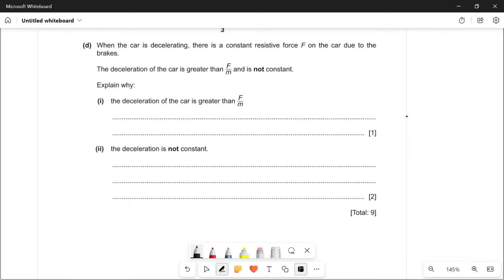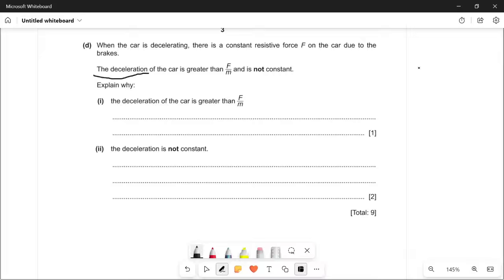On the next question, when the car is decelerating, there is a constant resistive force F on the car due to the brakes. The deceleration of the car is greater than F over m, and it's not constant. So from this statement, we know that the deceleration of the car is greater than F over m. F over m represents acceleration.